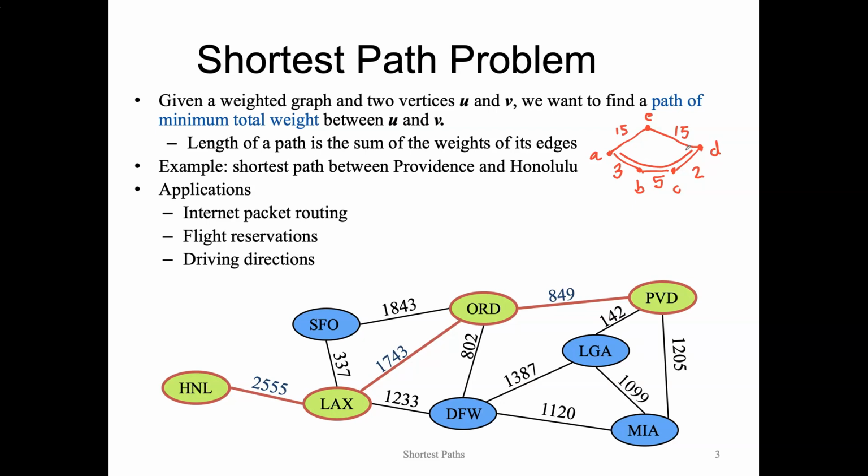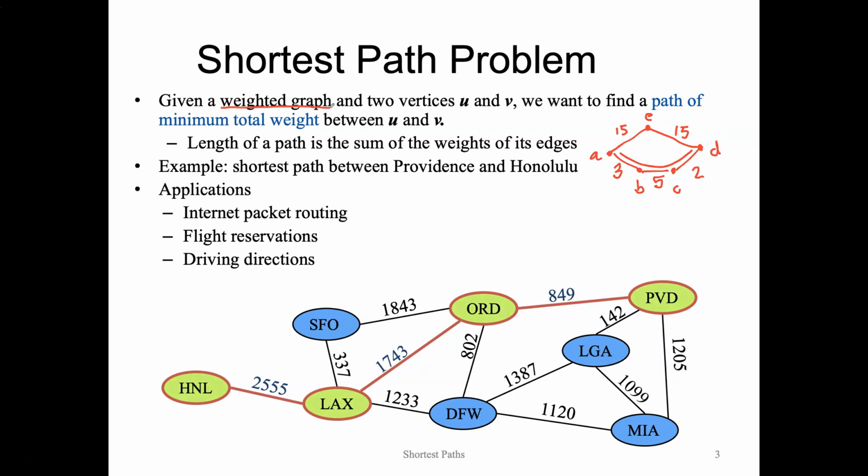Notice that this isn't the same thing as finding a path that has the least number of edges. In this case, a shortest path uses more edges than this other path, which uses fewer edges. In an unweighted graph, finding a shortest path is the same as finding a path that uses the least number of edges, since all edges effectively have the same weight. But when we're working with a weighted graph, we can't just find a path that has the least number of edges.